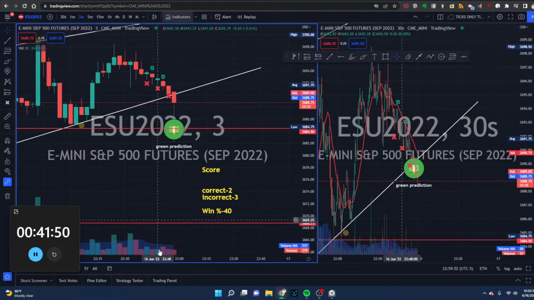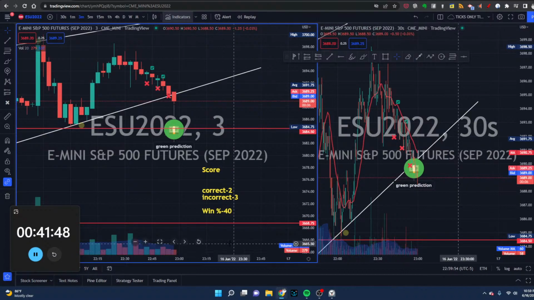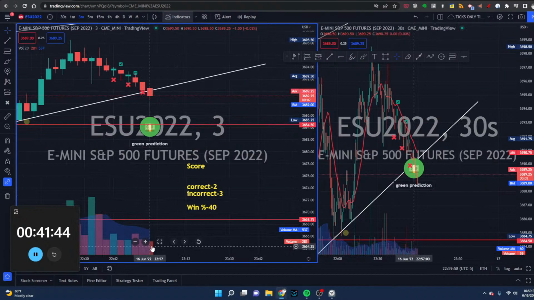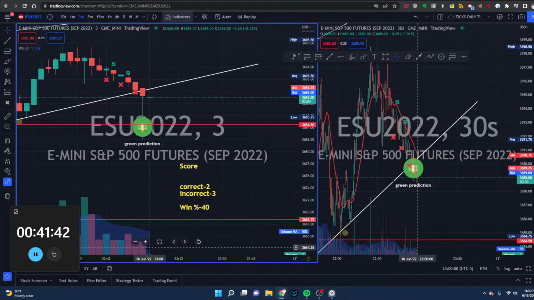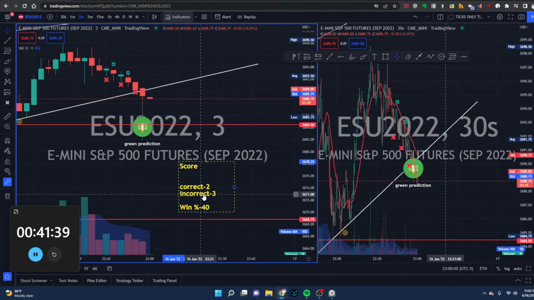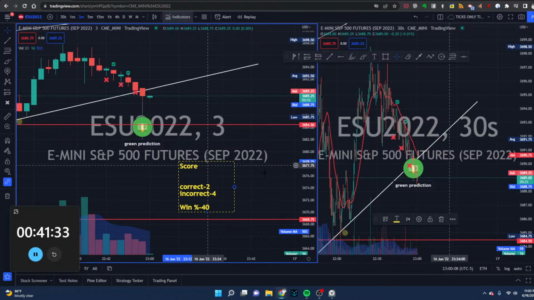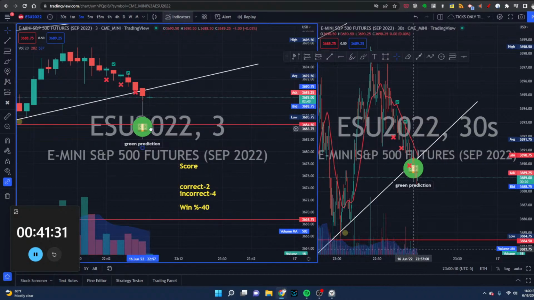Getting a nice spread out of this, but there's no volume coming in here. You guys see that? This volume's lower than this one here. Okay, so I've lost this one also. I'm gonna have to go green again.